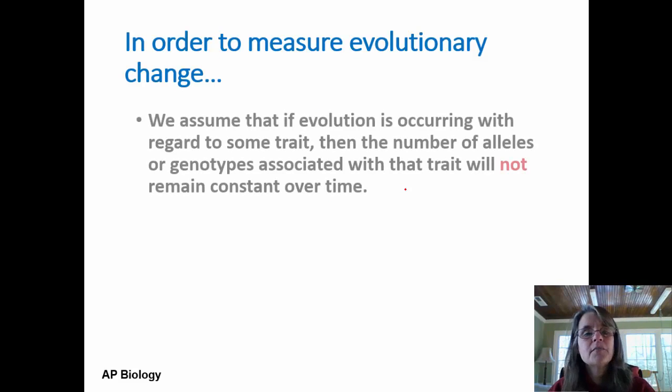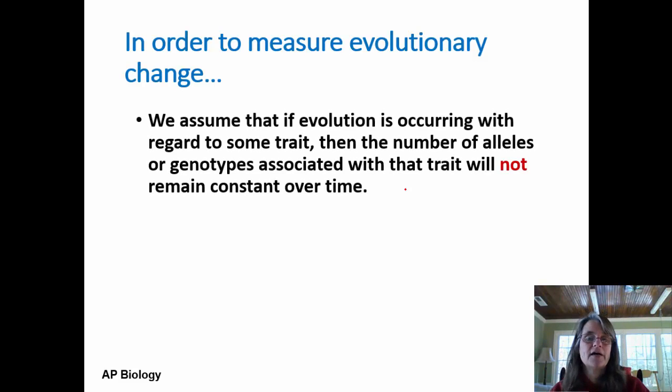So, in order to measure evolutionary change, we assume that if evolution is occurring with some trait, then the number of alleles in that gene pool and the number of genotypes in that population will not be remaining constant over time.